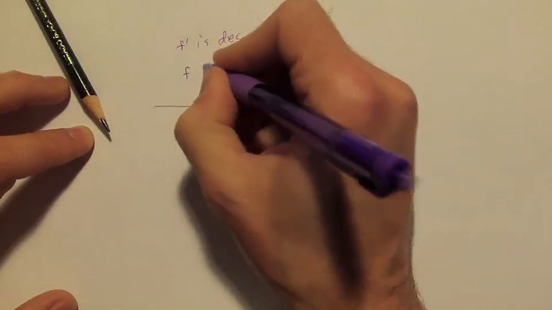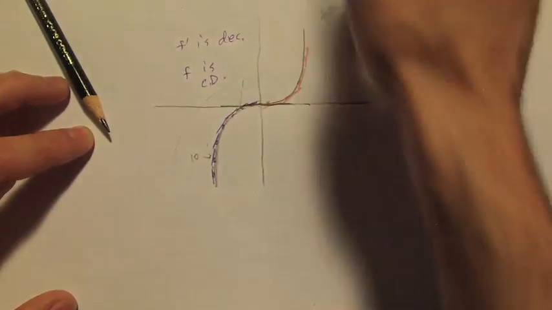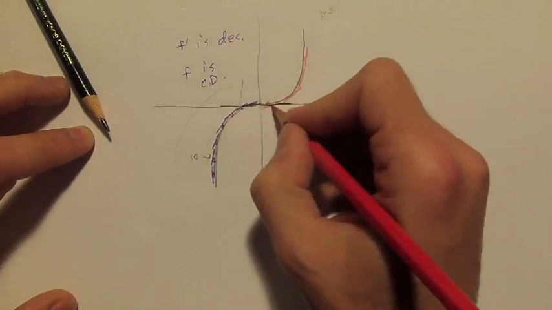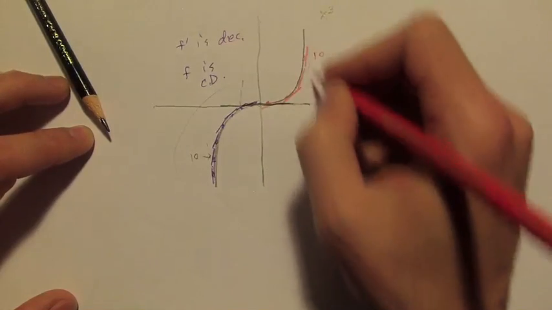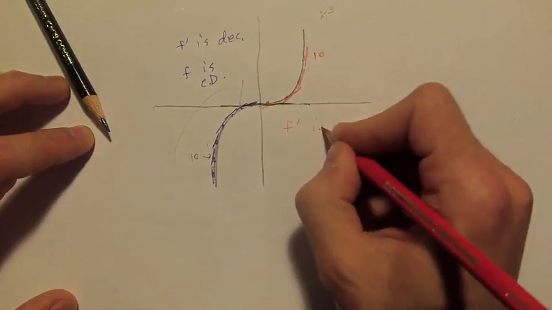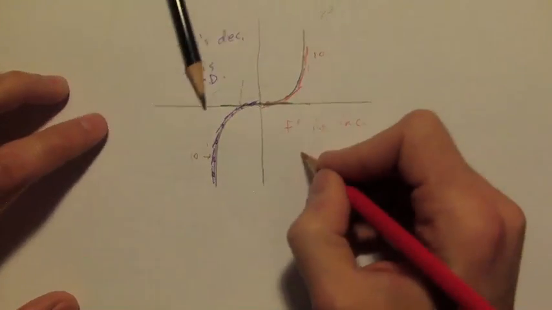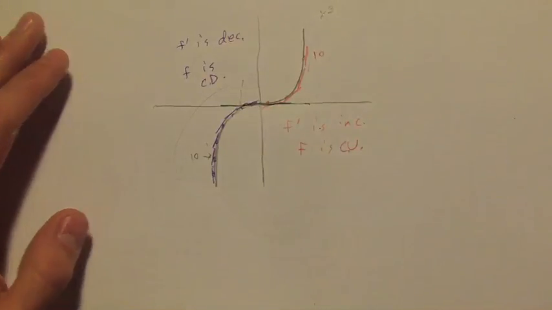So that means f is concave down. And on this side, we see that they're increasing. They start here at 0 and they start increasing up to something super steep like 10. So here f prime is increasing. Right, the slope of the tangent lines are increasing. That means f is concave up on this interval.